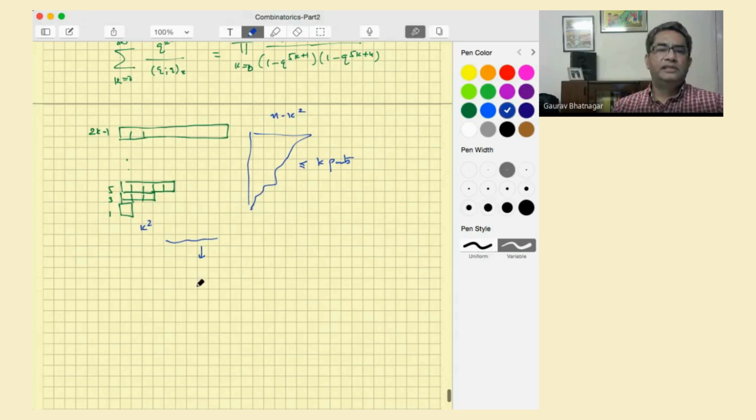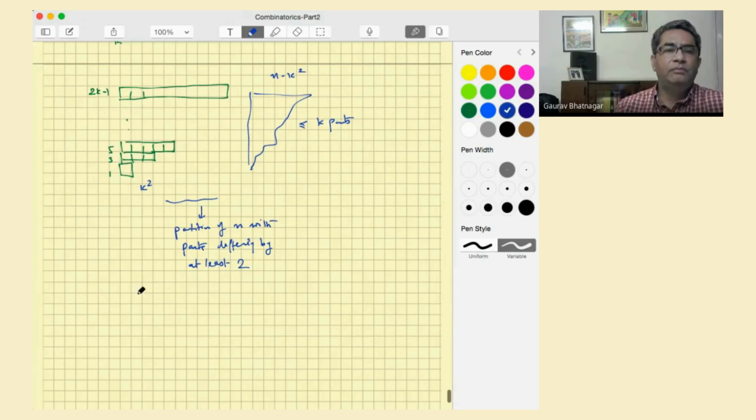So this is a partition of n with parts differing by at least 2.